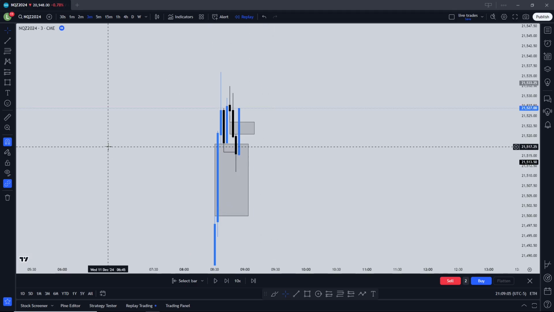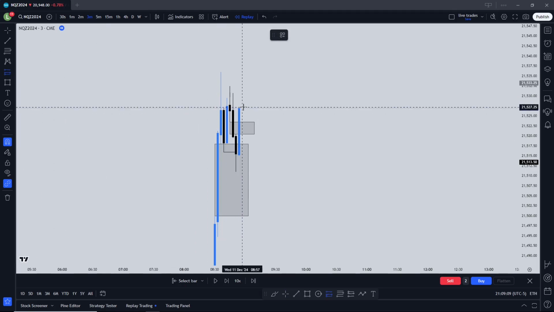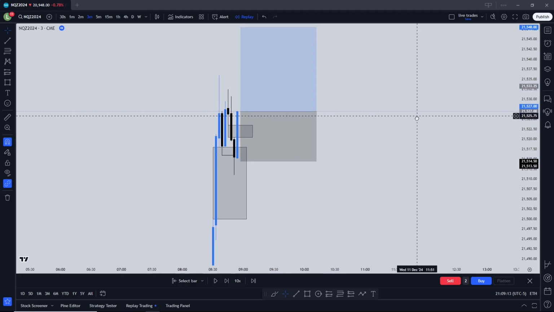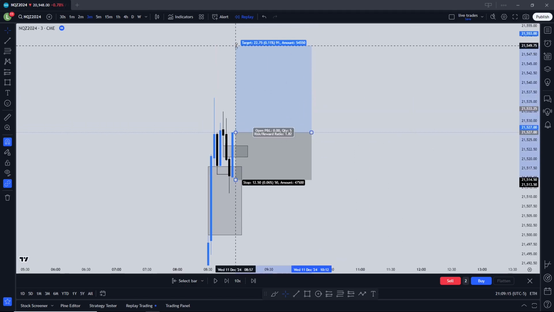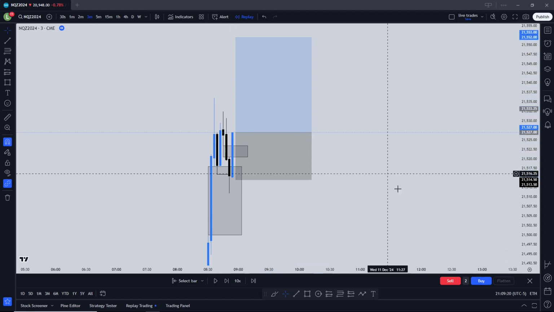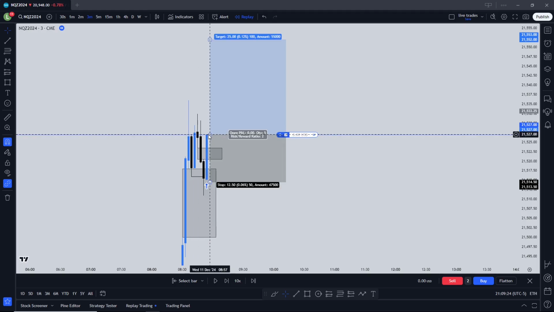Now, the two different options for entry are, number one, you can just straight up enter like this with a market order right here, boom, right? You can enter right here at the inverse.